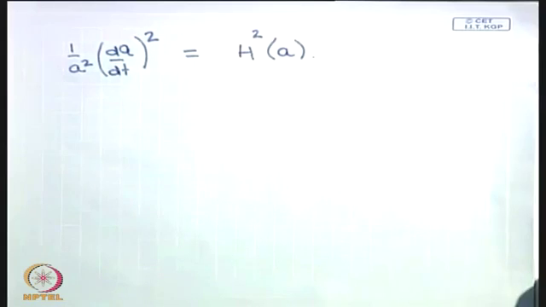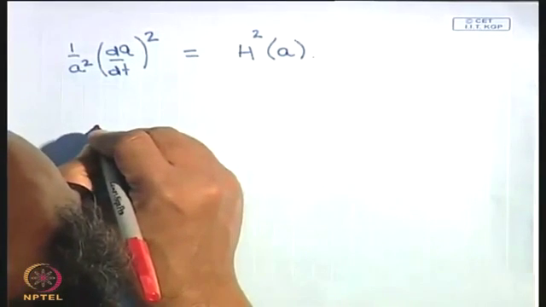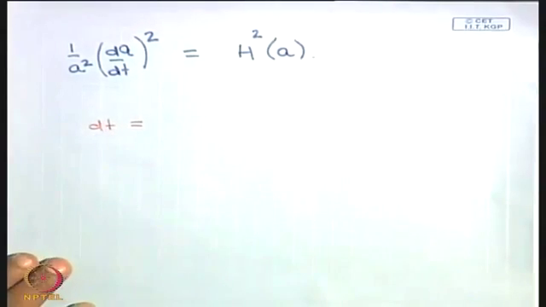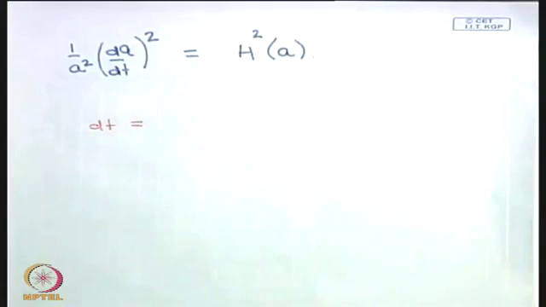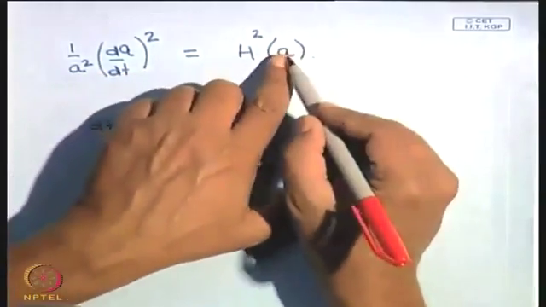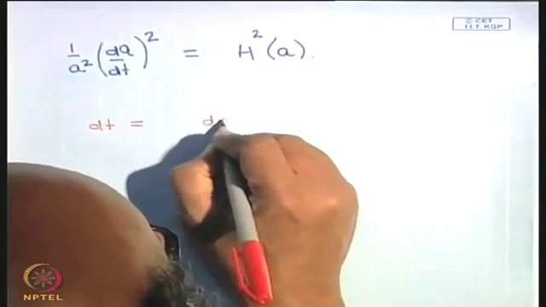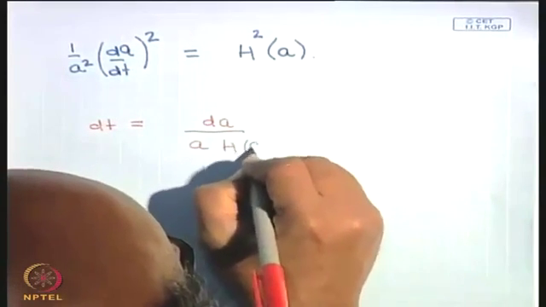So the integral of this equation is that dt is equal to, I take this onto the right hand side and bring this into the denominator, so dt is equal to da divided by a H(a).